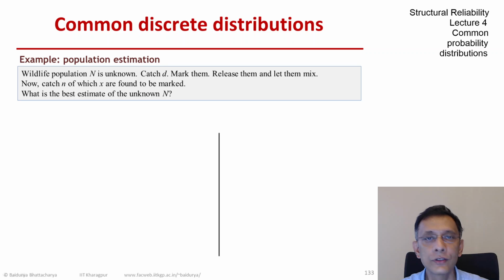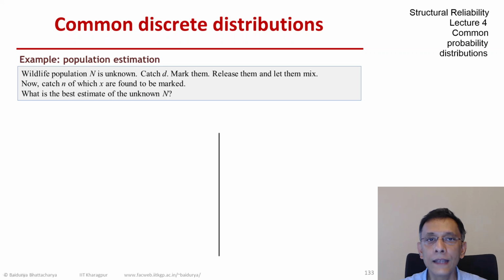We catch d of them, mark them in some manner, and then release them and give sufficient time so that these marked members mix uniformly throughout the population.